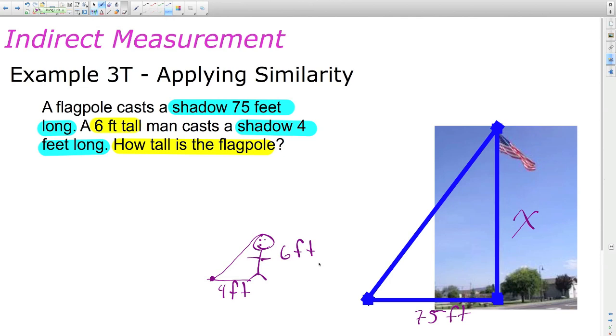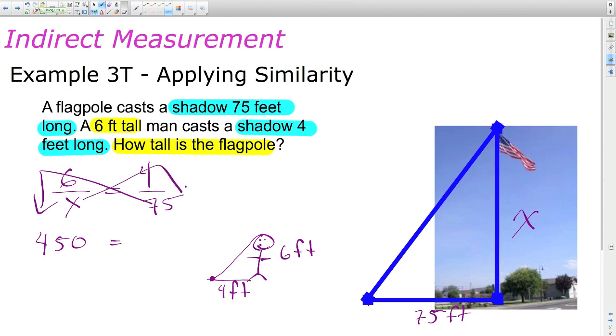So the way we do that from the previous example is we're going to go 6 over x is equal to 4 over 75, where x is the length of the flagpole, or the height of the flagpole. So when we cross multiply, 75 times 6 is 450.